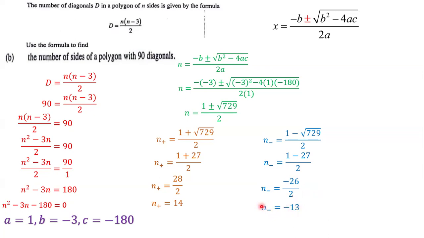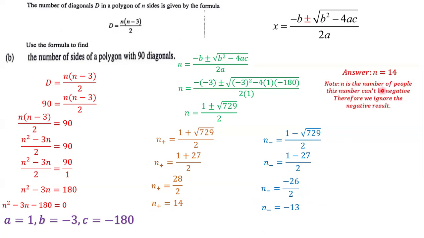So we have two values of n. One is positive, one is negative. n positive is equal to 14, and n negative is equal to -13. Now our answer is going to be n is equal to 14, and n is the number of people.